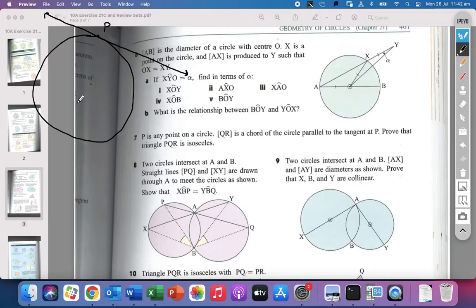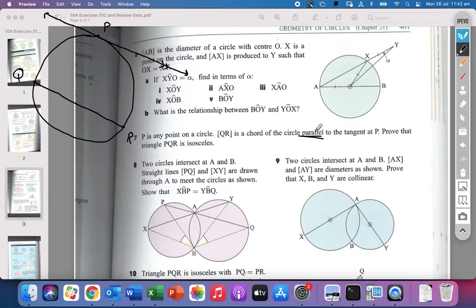We have a chord. We could put it up there. I think I'll put it down low. Presumably, it says it's got to be parallel. We have a chord QR. Right, so I can label that. That's parallel to this tangent.